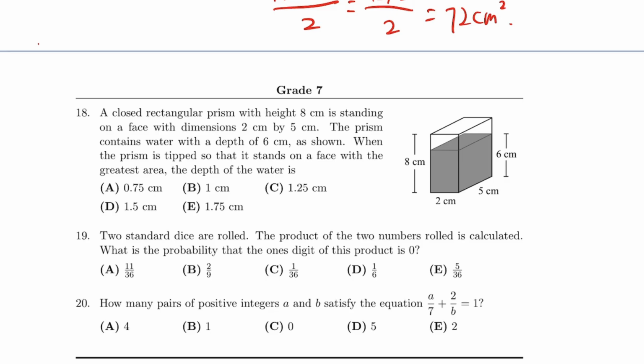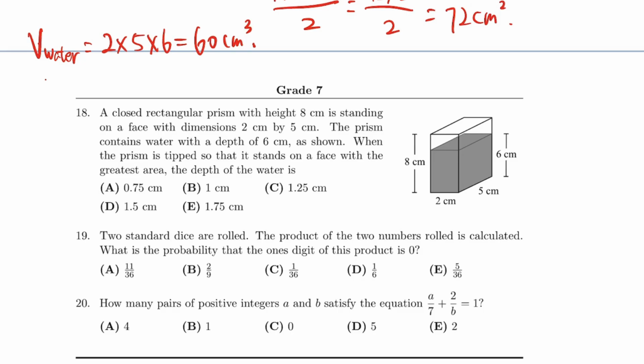So therefore the volume of the water should be 2 times 5 times 6, which is 60 centimeters cubed. And the face of the prism having the greatest area has a dimension 5 by 8.